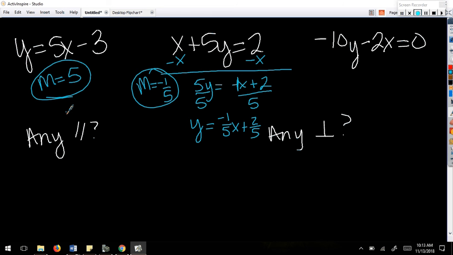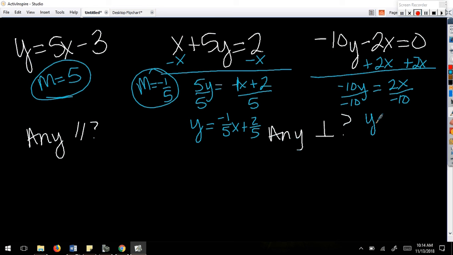Look at the last one. I need the slope. What do I do? You add 2x. That's exactly right. Now what? Negative 2 over 10x is the same thing as negative 1 over 5x.